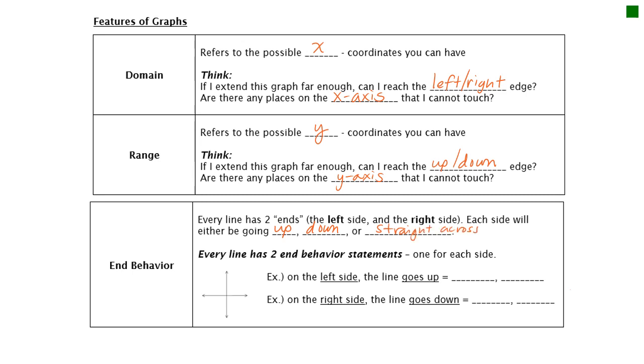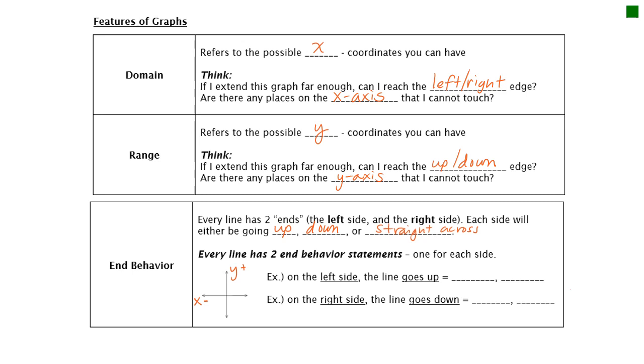Every line has 2 end behavior statements, one for each side. So for example, you might say that on the left side, the line goes up. So that would mean that as your x goes to negative numbers, the line goes up. So the y values go to positive numbers.